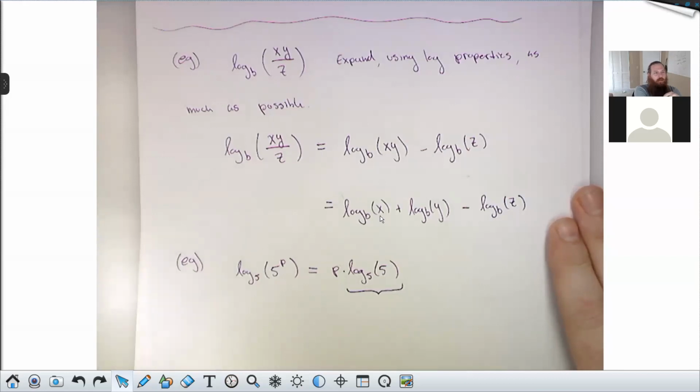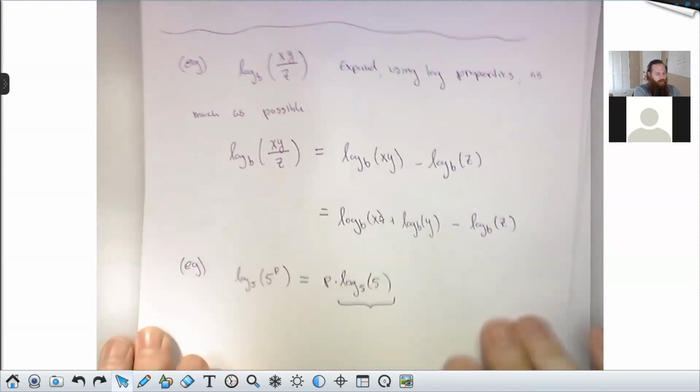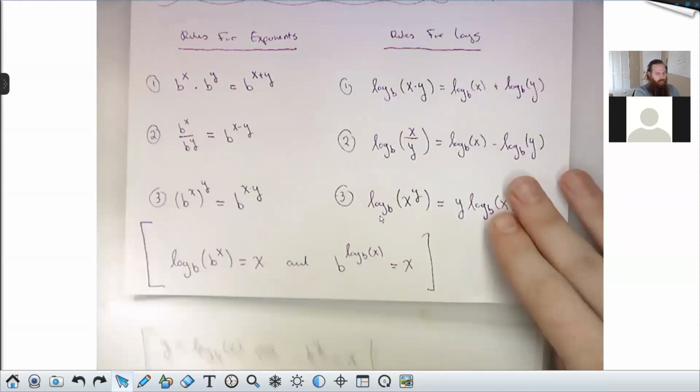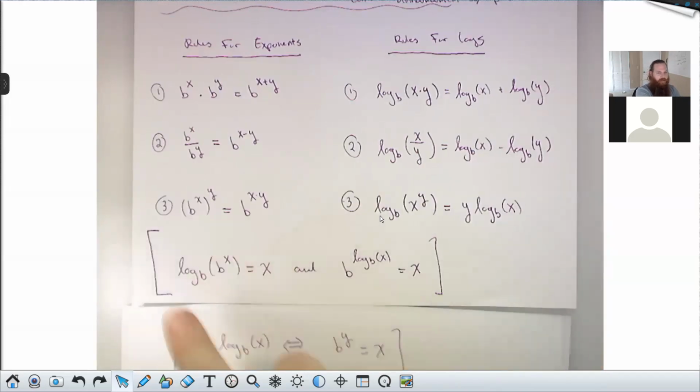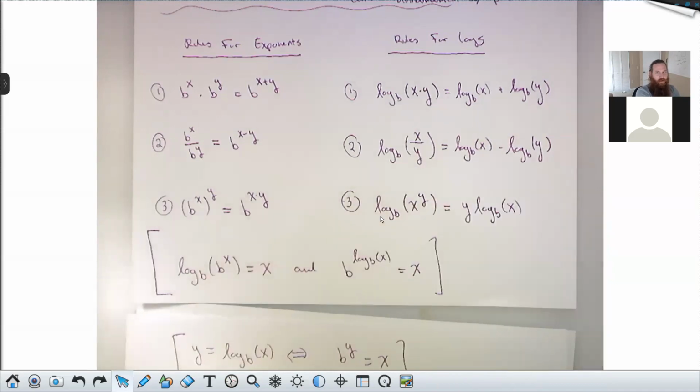I think you're on the right track there, Lily, but we need to be a little bit more precise. So it's true that the base b log of b to the x is x, right? We can hang this whole thing on that definition characterization that we had last time. It's true. But I'd like to get to this by using a combination of these things.